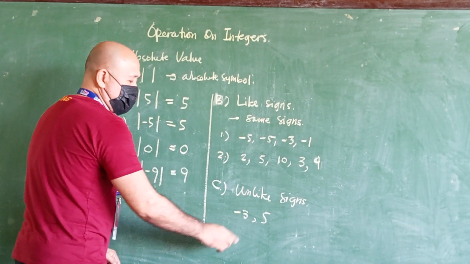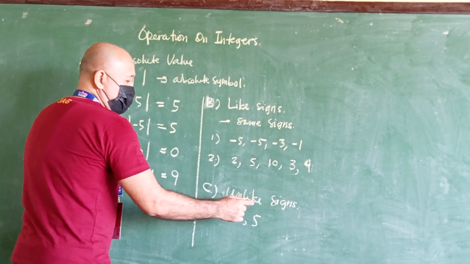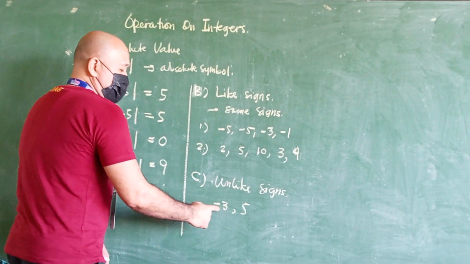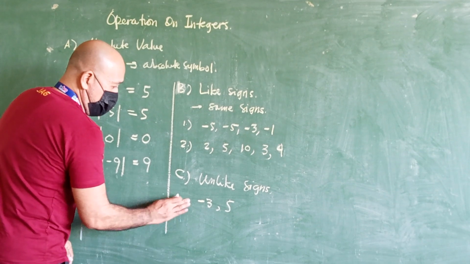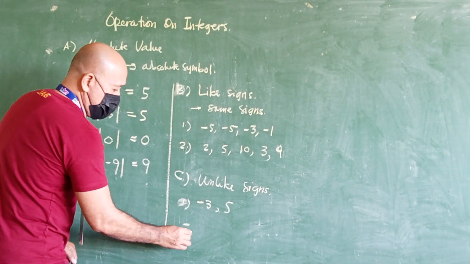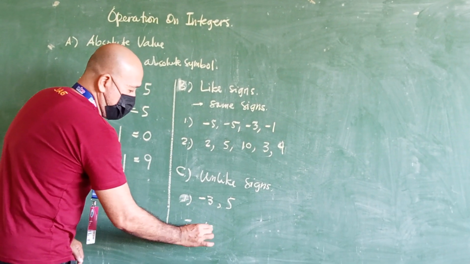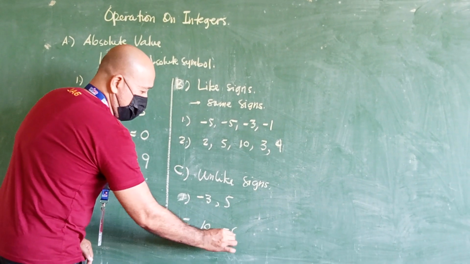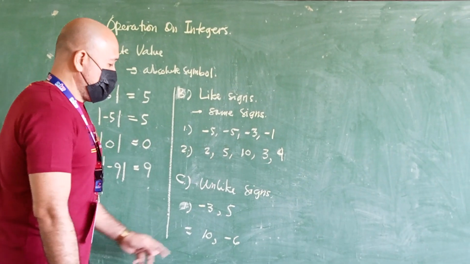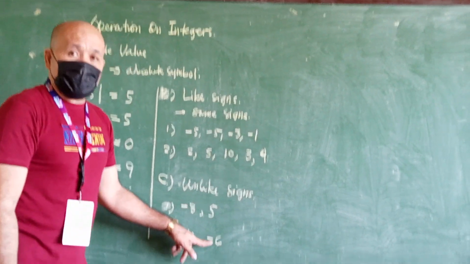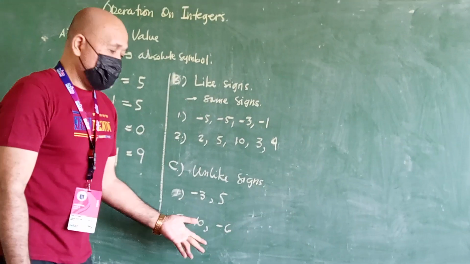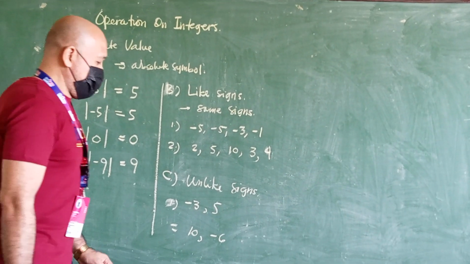These two integers are considered unlike signs because their signs are not the same. And you may have one more, for example, positive 10 and negative 6. Positive 10 and negative 6 are also considered unlike signs because their signs are not the same.